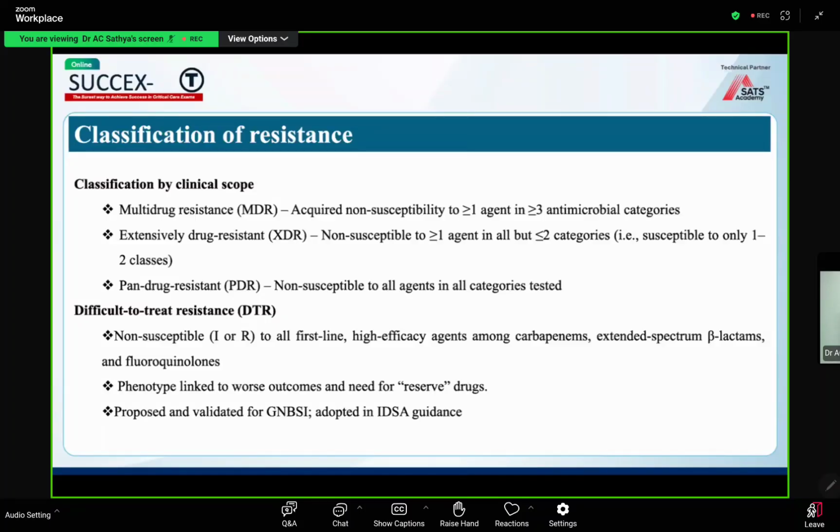There's one more terminology which we have introduced recently, which is DTR, difficult to treat infections, where the bug is not sensitive to all the first line high efficacy antibiotics like carbapenems, extended spectrum beta-lactam antibiotics, and fluoroquinolones. These phenotypes are associated with worse outcomes, and it has been adopted in the IDSA guideline as well. It's essential that you know all these definitions.